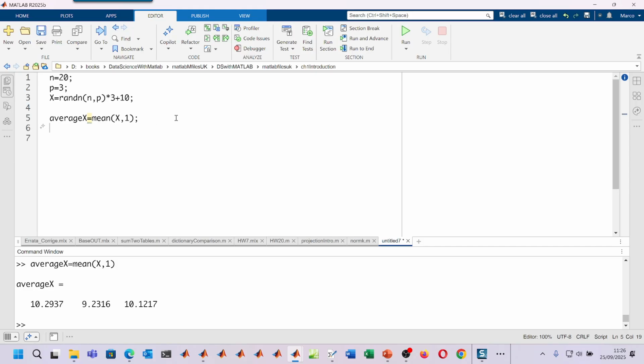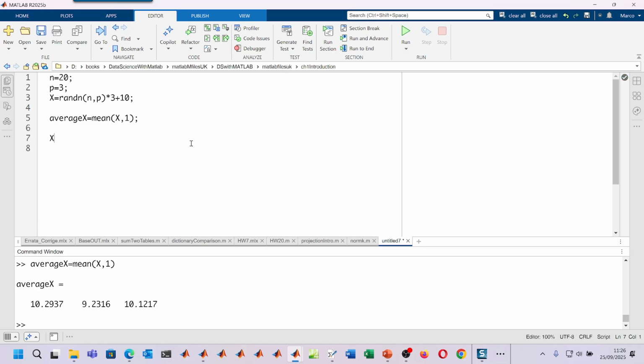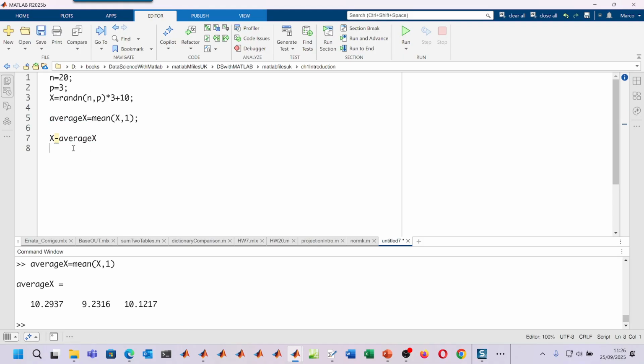Now, the mean of each column is 1 times 3. The matrix here is 20 times 3. If I do x minus average x, you see this one is 20 times 3 and this one is 1 times 3. So strictly they are not conformable, 20 times 3 minus 1 times 3.